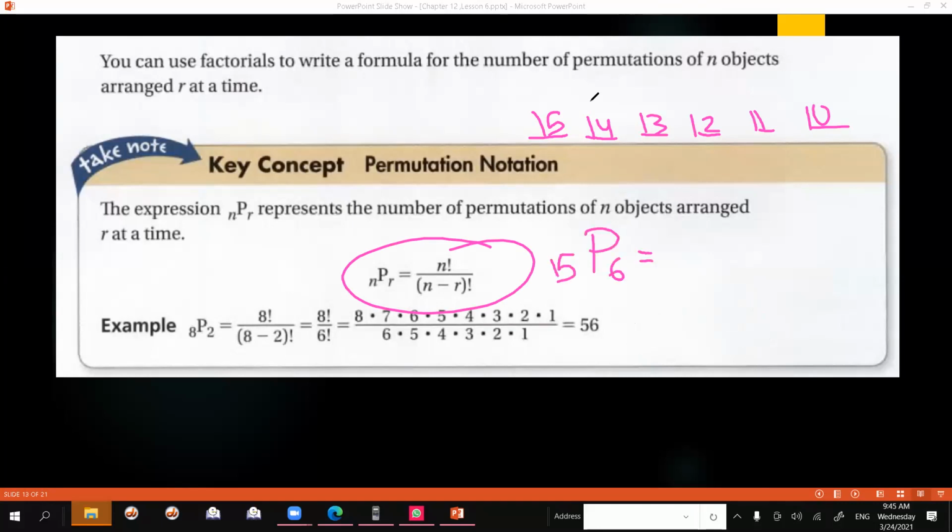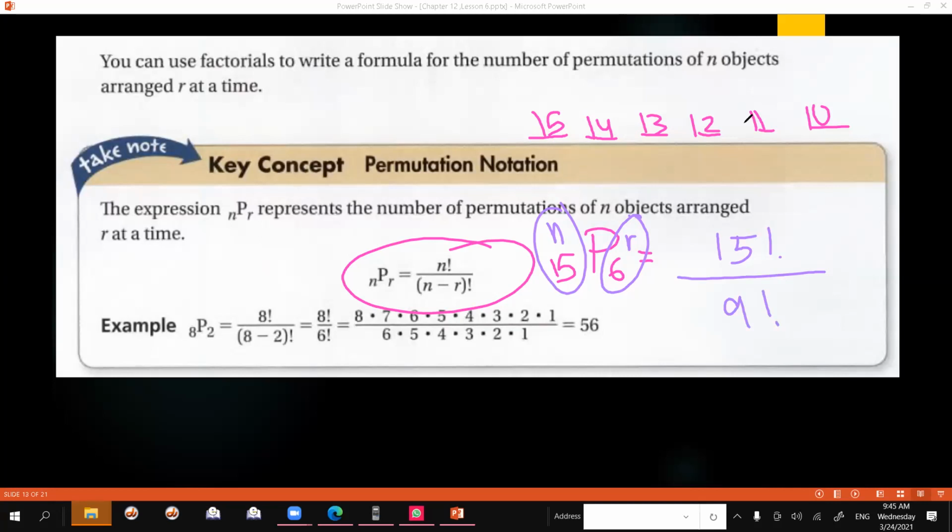Where is N? This is N, and this is R. So N factorial, which means 15 factorial, over N minus R, that is 15 minus 6, which is 9.